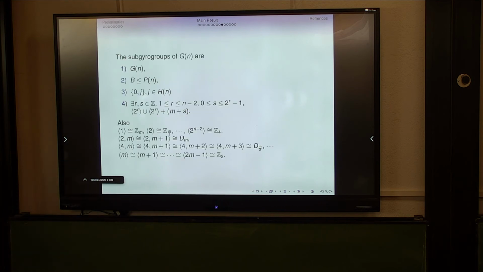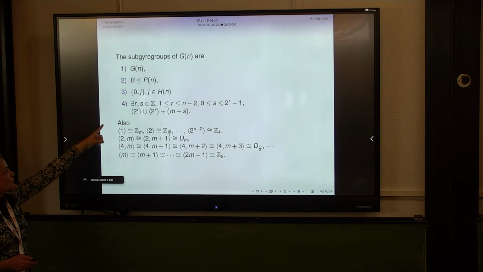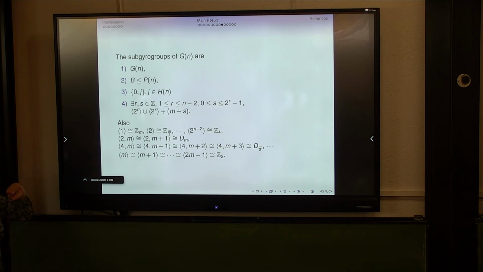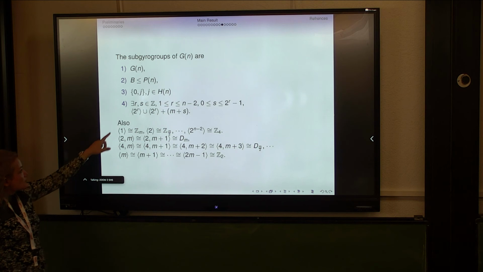These are the subgyrogroups of this structure. Itself, the subgroups of Pn, and the third one, the subgroups that are isomorphic to Z2, where j belongs to Hn.